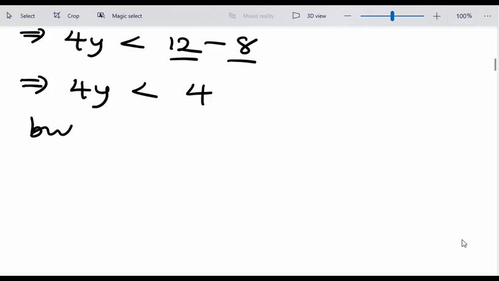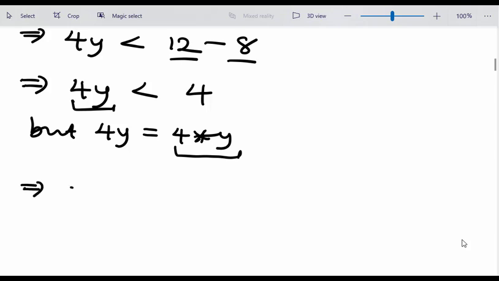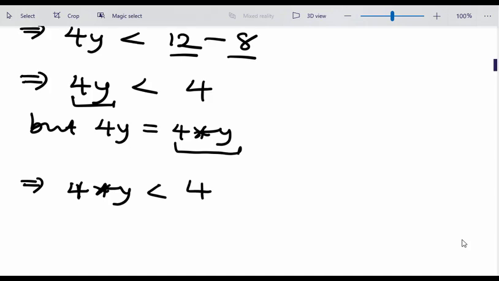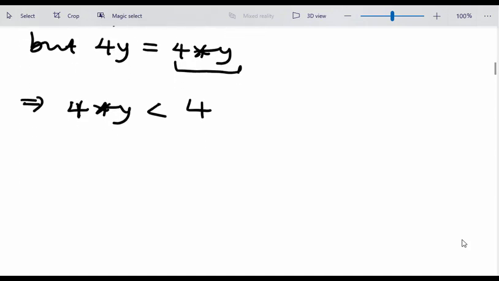But keep in mind that 4y is the same thing as saying 4 multiplied by y. So in place of 4y, use this to replace it. We'll have 4 multiplied by y less than 4. Don't forget that what we are looking for is y, not 4, or not 4 times y.